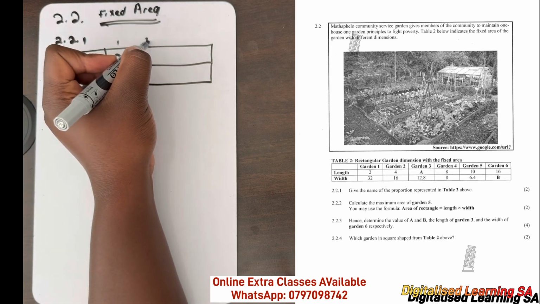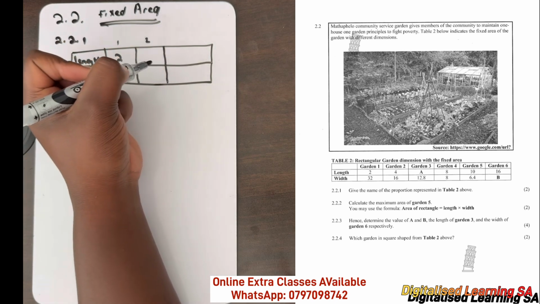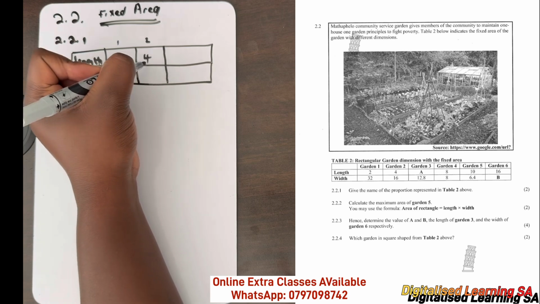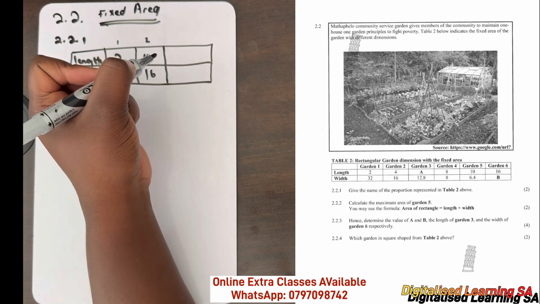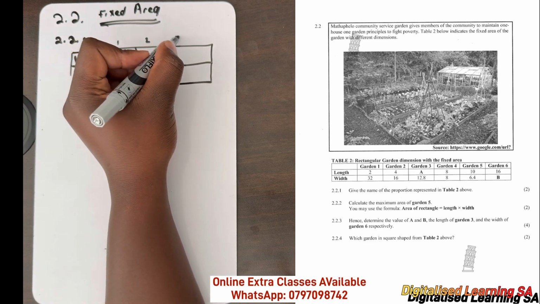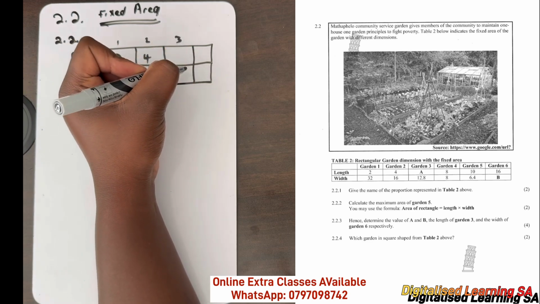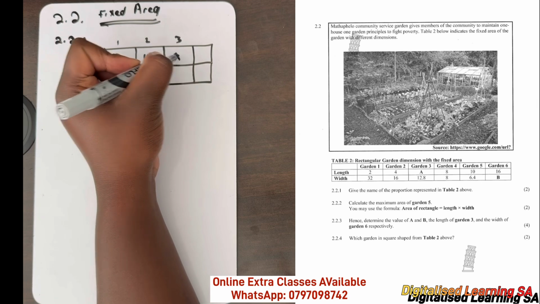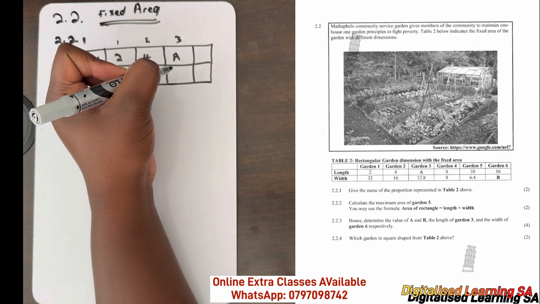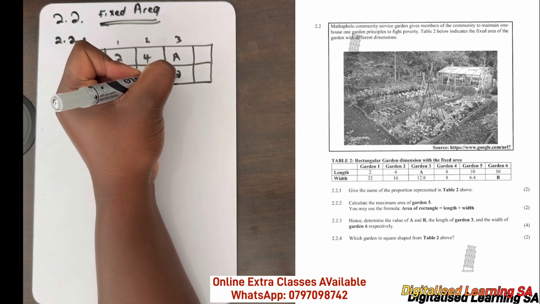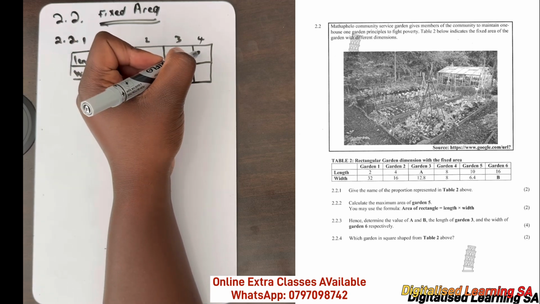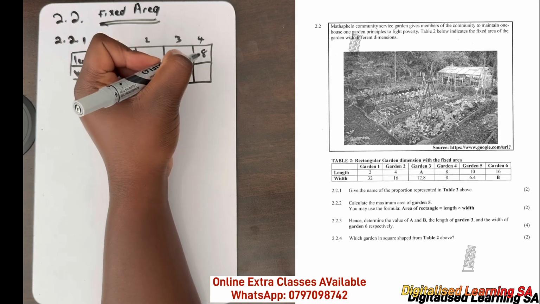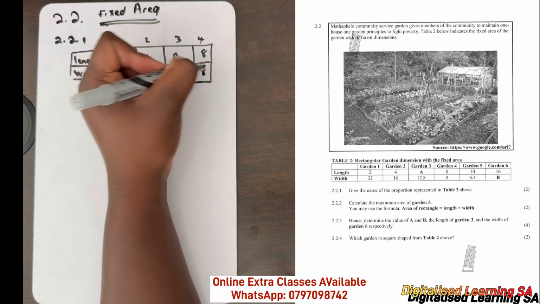For garden 2, the length is 4 and the width is 60. For garden 3, the length is not given, but the width is 12.8. And for garden 4, the length is 8 and the width is also 8.